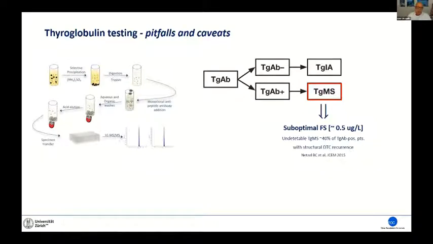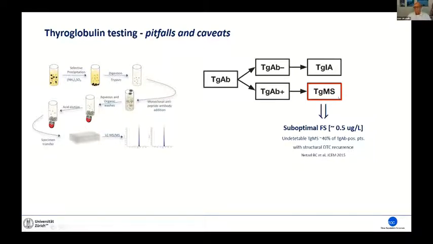And so it is now popular in some centers to use a reflex test approach, using thyroglobulin immunometric assay in patients with negative thyroglobulin antibodies, and shifting to thyroglobulin mass spectrometry, the measurement of thyroglobulin, in those patients with positive antibodies.